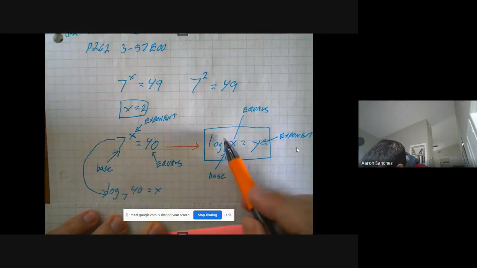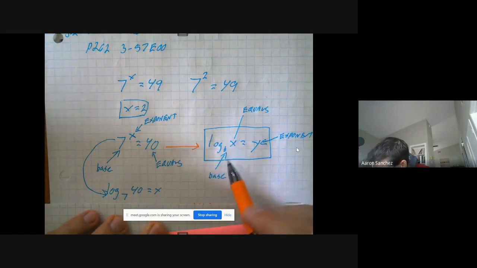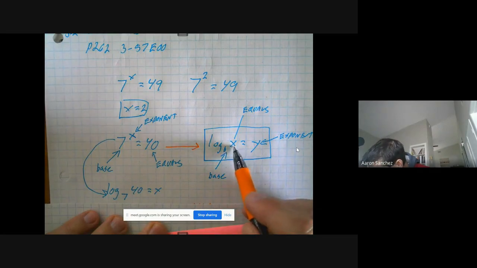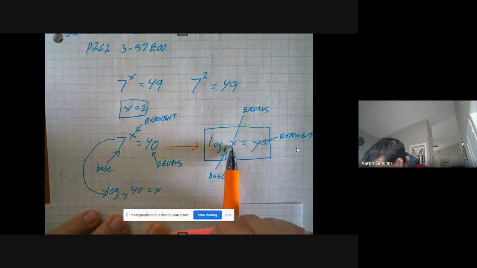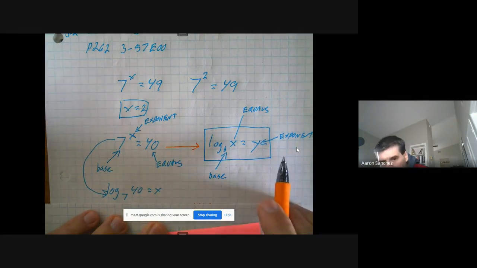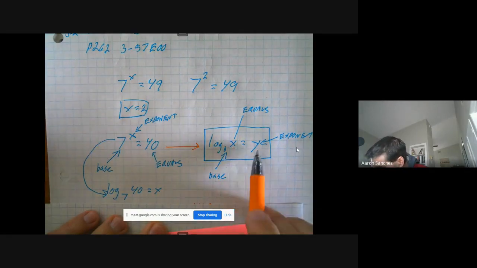If you write it the same, I'm going to mark it wrong, or, if I was grading a handwritten test, I would mark it wrong. You make a little b, a little bit lower, and then you write a regular x, that is the equals, that's the 40. And here is the exponent, the y. Okay, so this is the base, this is the equals, and this is the exponent.